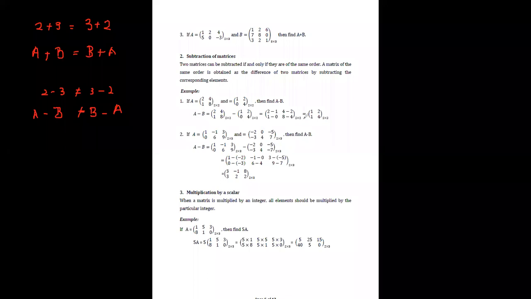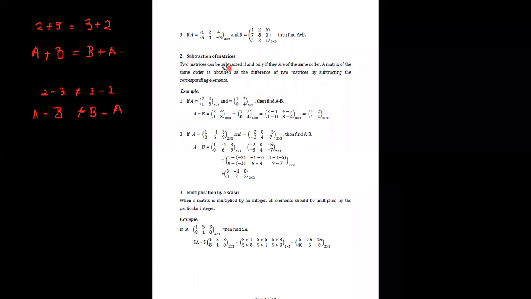Therefore, you get 2 minus 1, 4 minus 2, 1 minus 0, and 8 minus 4. This results in a matrix having the elements 1, 2, 1, 4, with dimensions 2 by 2. Here also you can see that the dimension of the resultant matrix is the same as the dimension of the initial matrices considered for the matrix subtraction.